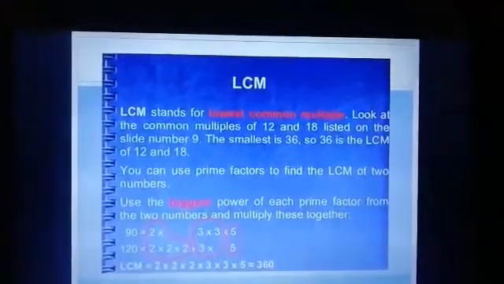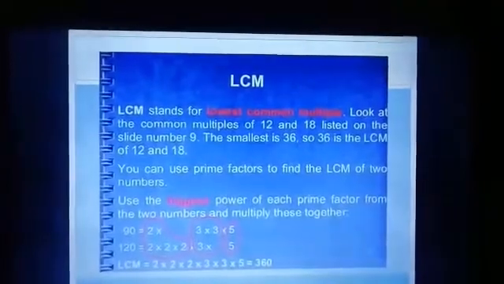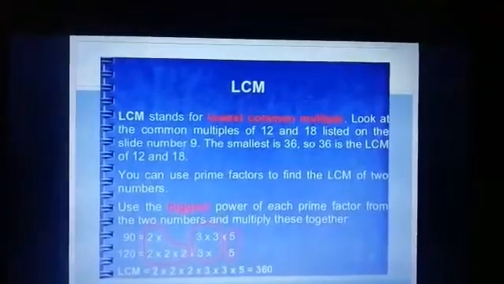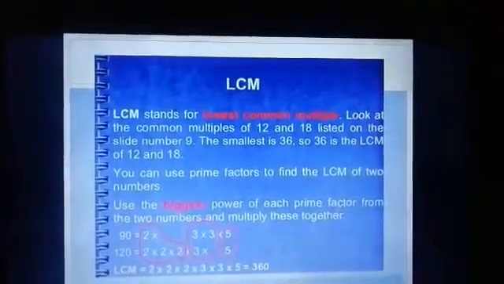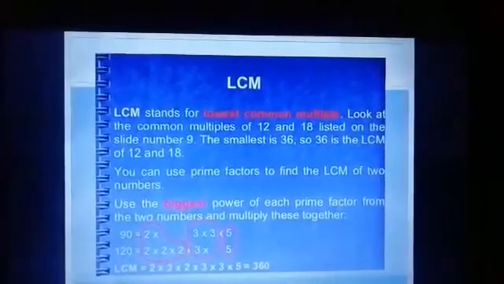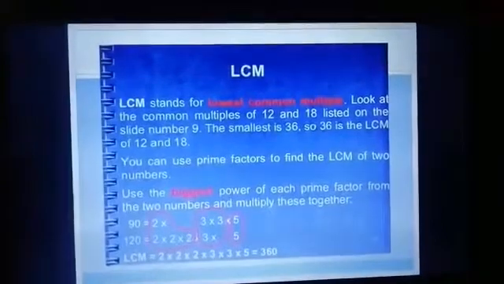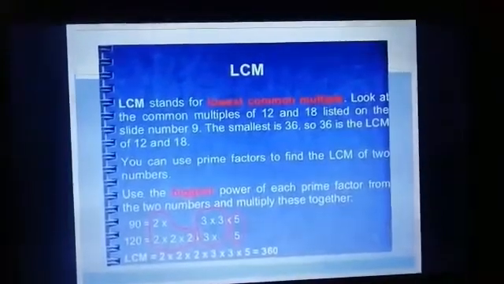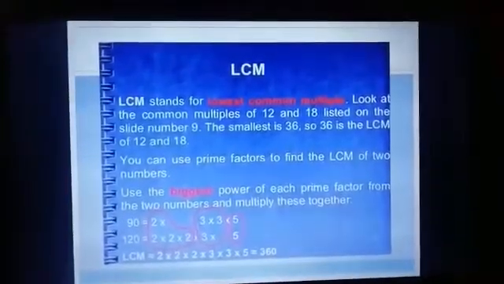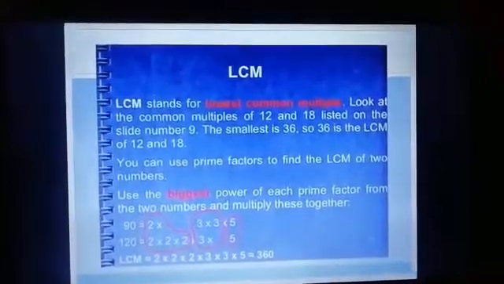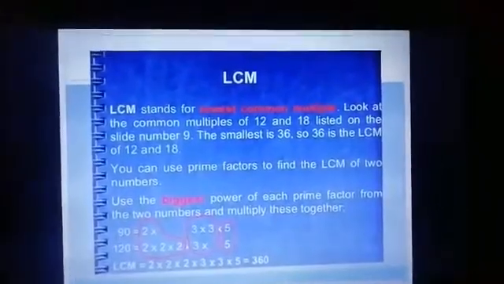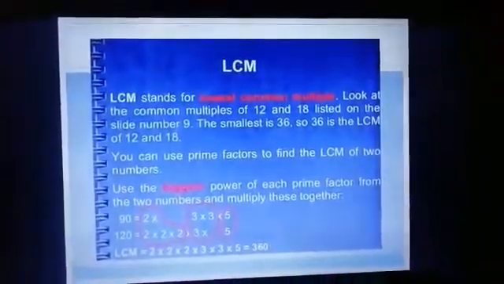Here we have 2, 3 times, the highest number of 2s is 3, then 3 is 2, again we are taking 2 threes, and 5 we have 1, so we will take 5, and then simply we will multiply. That would be the LCM of the given numbers. LCM stands for lowest common multiple.